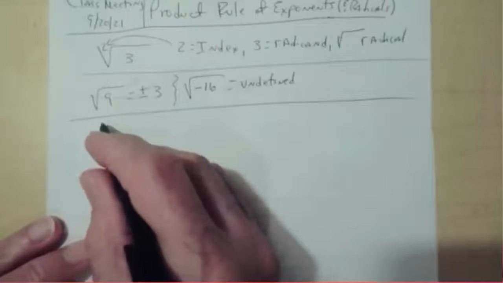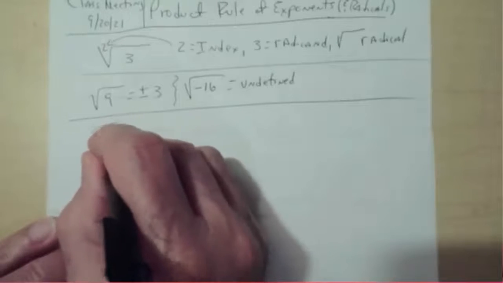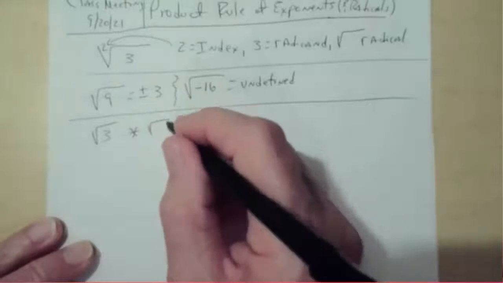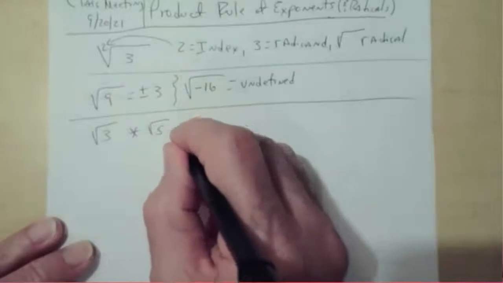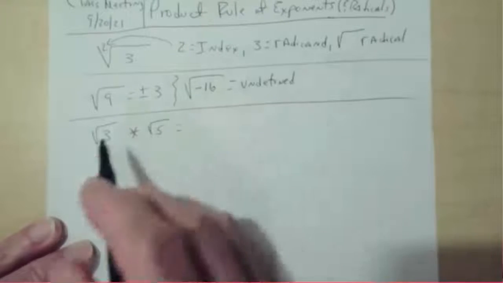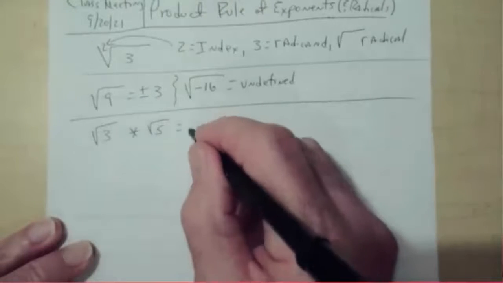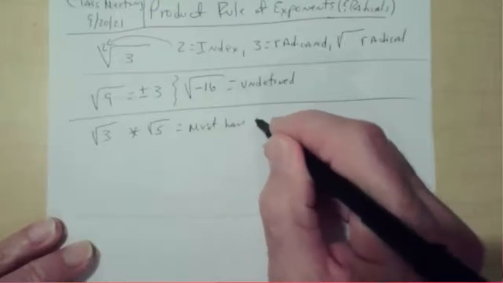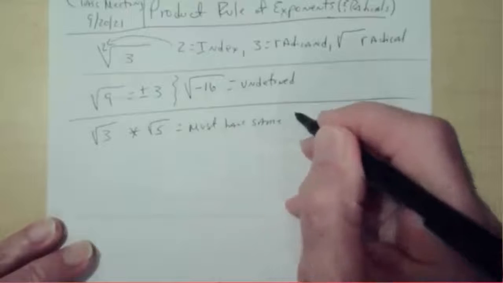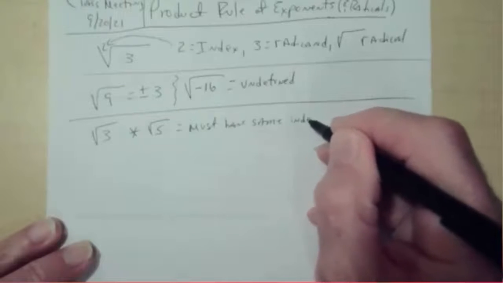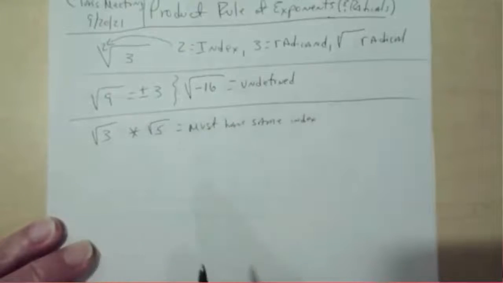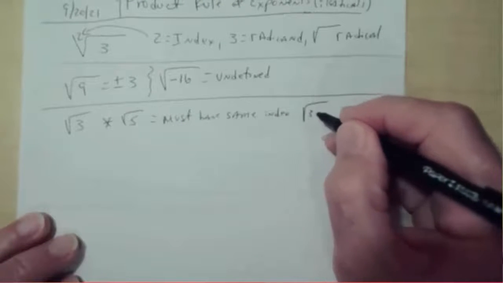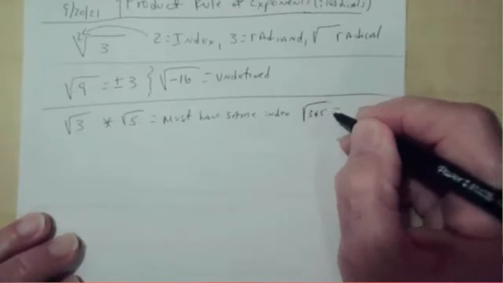Now, if we have the square root of 3 times the square root of 5, we have to have the same index to be able to join these two things. So this is equal to the square root of 3 times 5, which is the square root of 15.